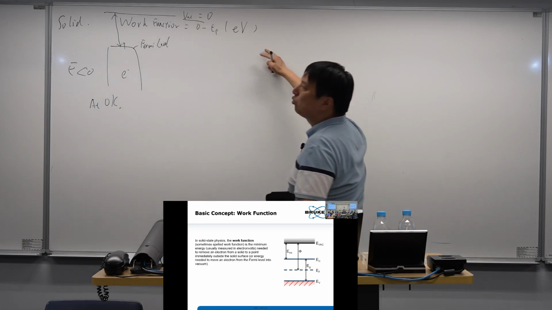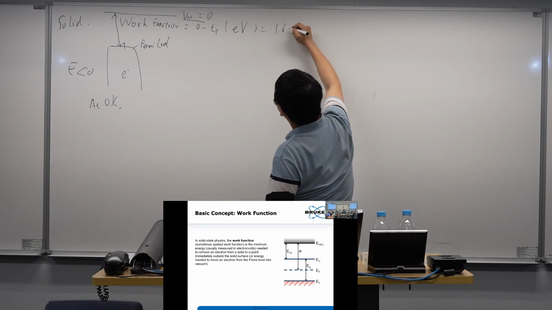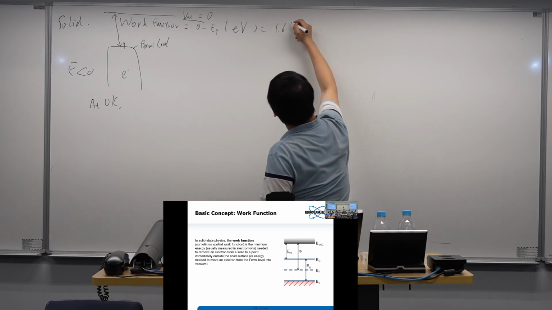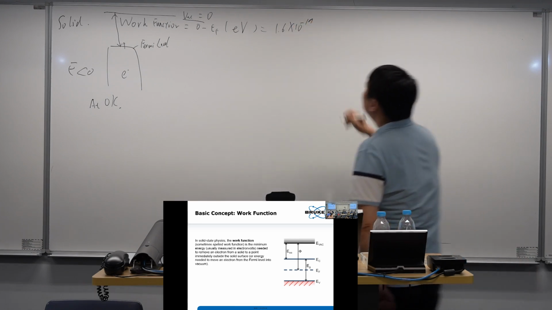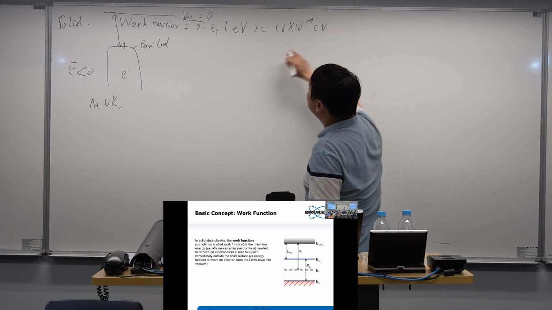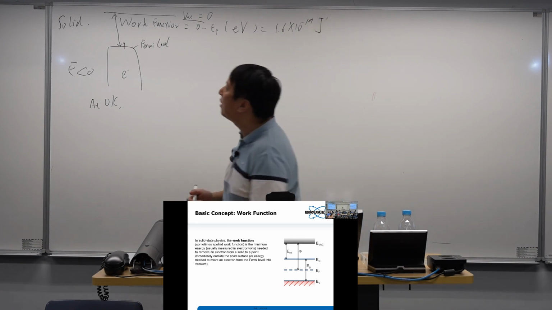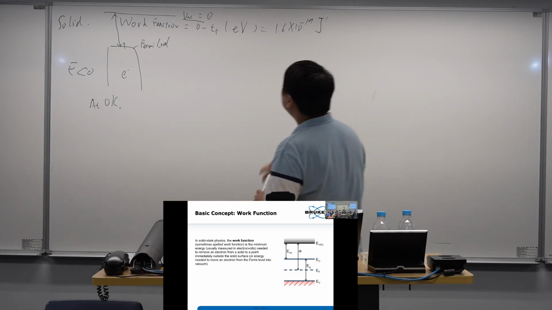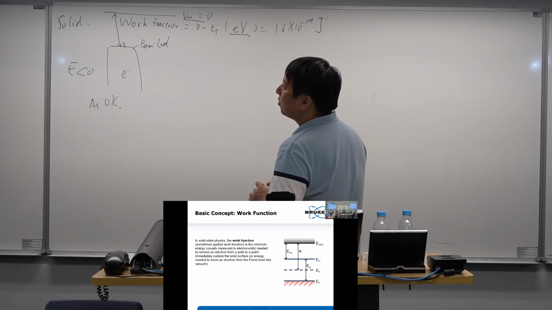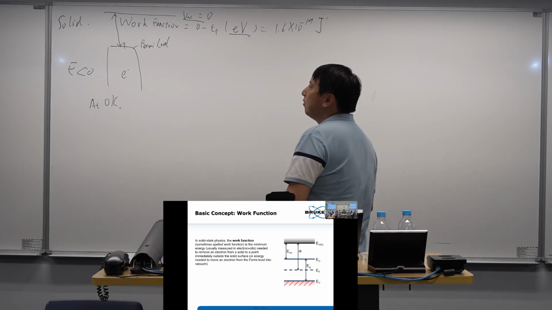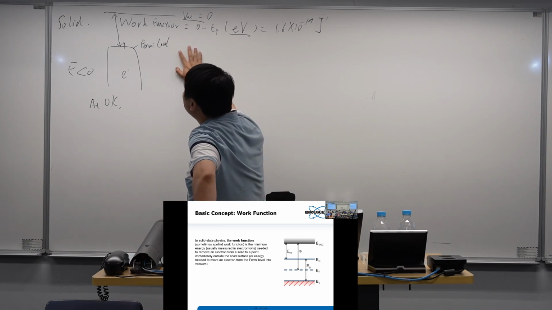It equals 1.6 times 10 to the negative 19, that's coulomb times volts, then it's joules, right? That's the unit transfer. But we would use electron volts, which is easier for us to use. That's the basic idea of the work function.